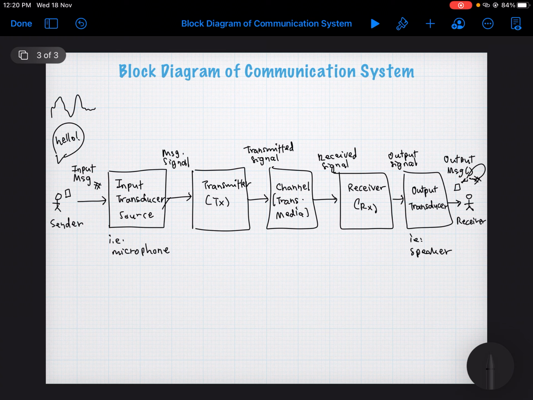So we have the input transducer, transmitter, the channel, receiver, and output transducer.